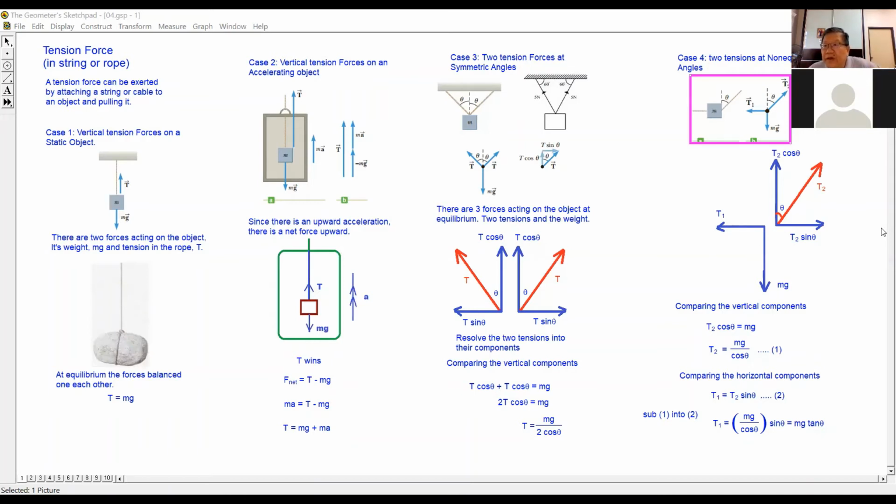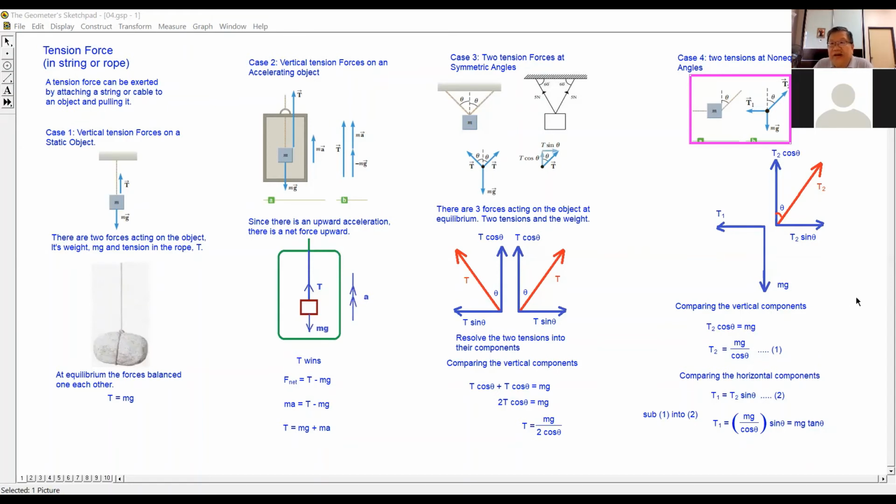If you look at the vertical component, T2 cos theta is acting upwards, and mg is acting downwards, and these are the only two forces acting on the object. So the two forces must balance one another. This means that T2 cos theta equals mg.